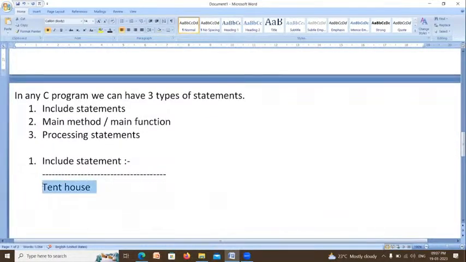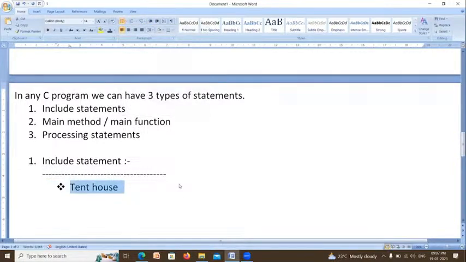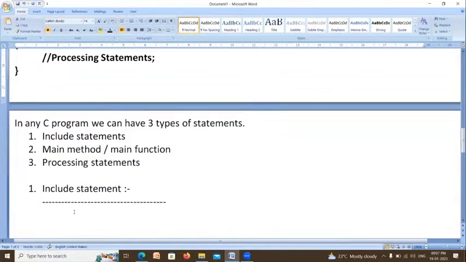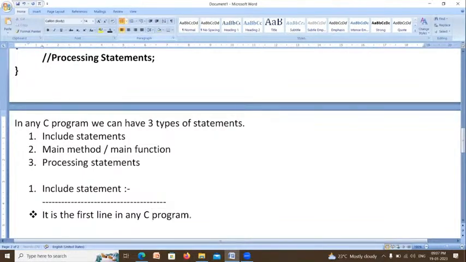Now tell me, what is the hash include statement? You have to write the include statement at the top of the program, which means it is the first line in any C program. You have to write hash include stdio.h at the top of the C program.